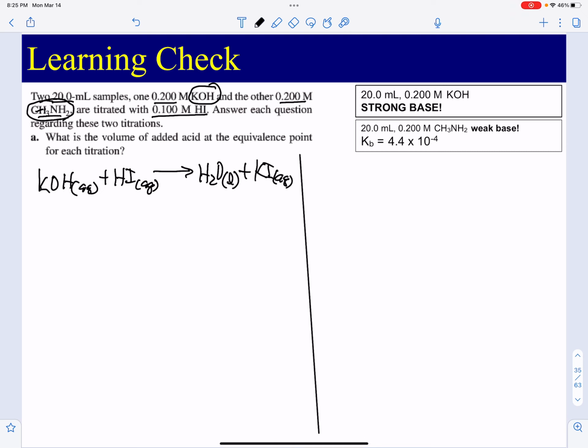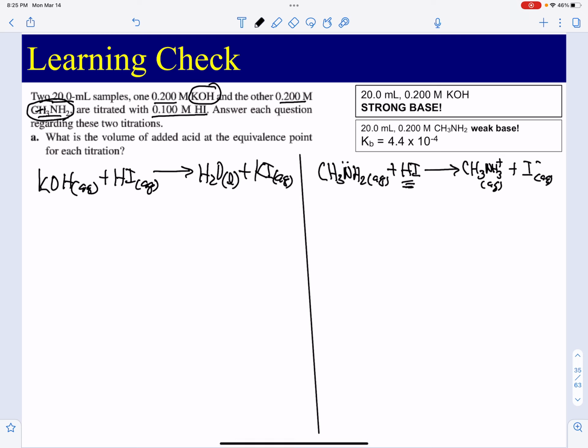The other reaction is going to be your base, which is aqueous, with the hydroiodic acid. We're using a strong acid, so that's going to go to completion, so no equilibrium. And that's going to protonate your base and leave the iodide all by itself.